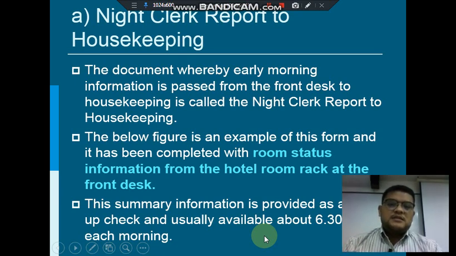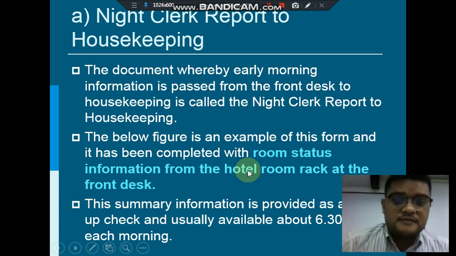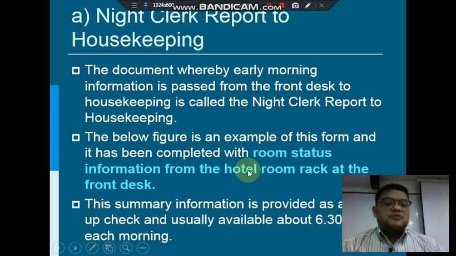This is actually the room status information, like I said just now, from the hotel room rack at the front desk. So based on the hotel room rack at the front desk, they will generate one report. They call it night clerk report to housekeeping, in which they will list down all the rooms with the status.